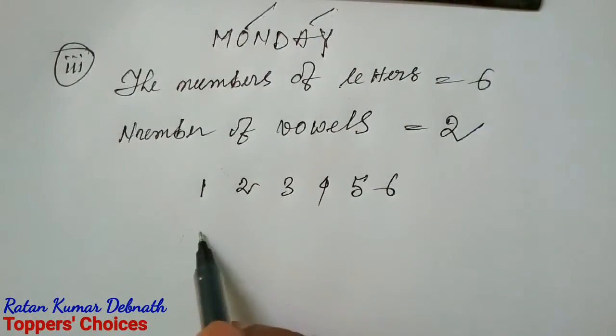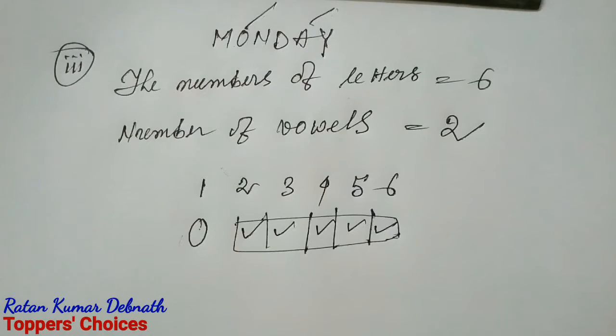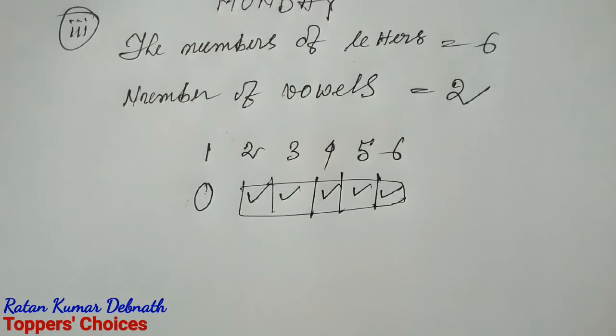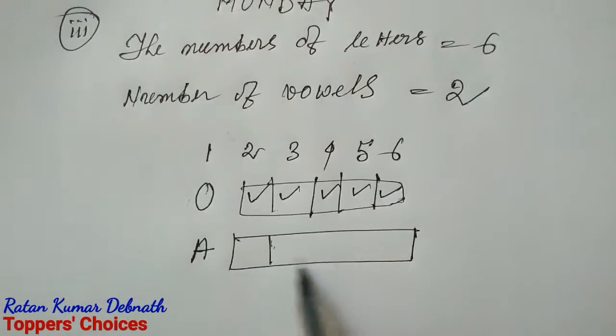So if we fix O at the first place, the remaining 5 places will be filled with the remaining 5 letters. Similarly, if we place A at the first place, the remaining 5 places will be filled with the remaining 5 letters.